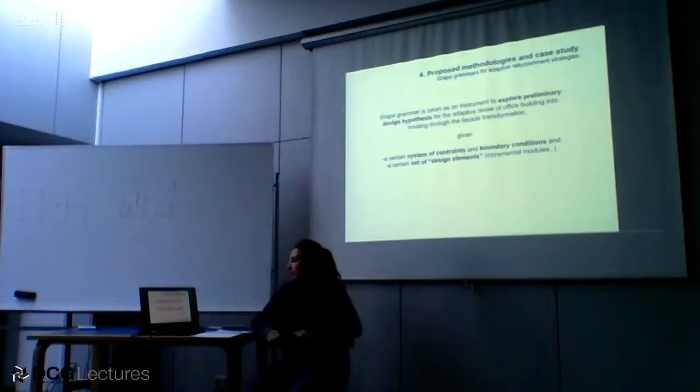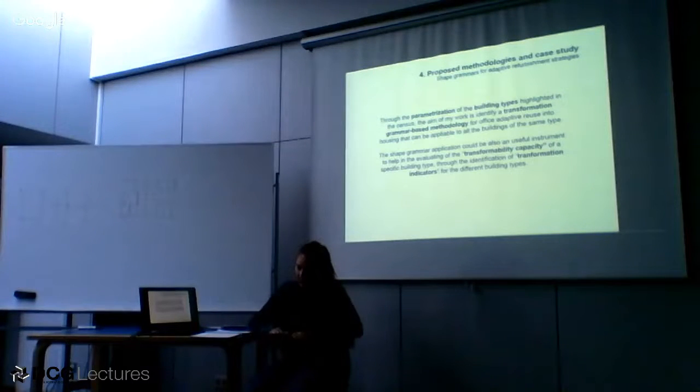In particular, I take shape grammars as an instrument to explore preliminary design hypotheses for the adaptive reuse of an office building into housing through the transformation of the facade, given a certain system of constraints and boundary conditions that are both linked to the building itself and also to urbanistic regulation, and so the urban context around the building, and a certain set of design elements that are my incremental models.